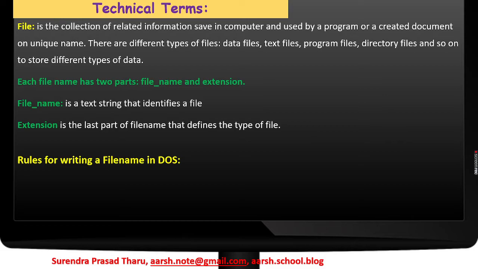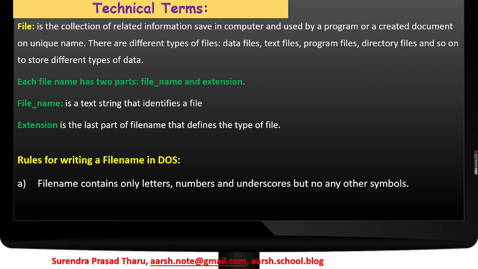And the rules for writing a file name in DOS. Nowadays we do not generally use DOS; we use GUI-based operating systems like Windows, where the rules of writing the file name are a little bit different.